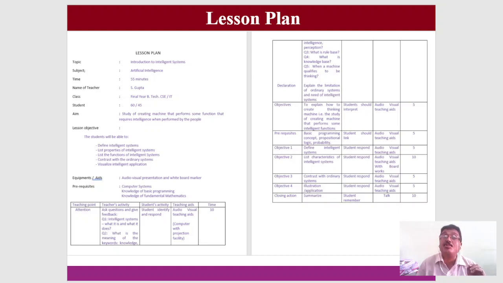And here we also list what the faculty approach should be: where he needs to introduce, and where he needs to explain. Unnecessary explanations are not required everywhere, so it should be mentioned time-wise. Sometimes it should only inform some of the things. Sometimes we can make use of attractive quotes, and then facilitate.